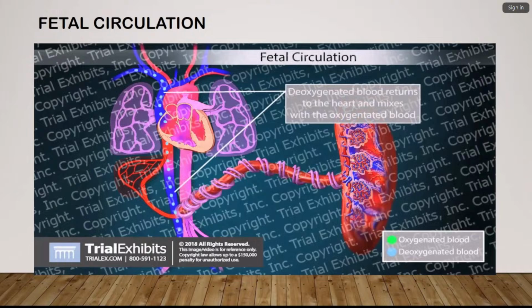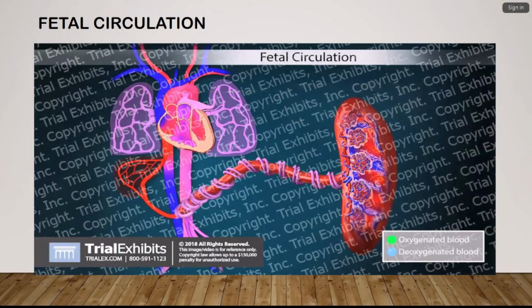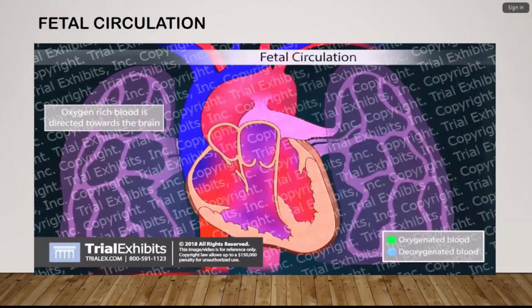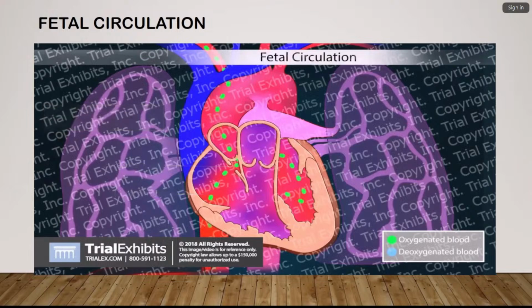Now, the deoxygenated blood returns to the right atrium from the IVC and SVC. Most of the blood reaches the left atrium via the foramen ovale, leading to blood flow to the ascending aorta, which supplies the upper part of the body.